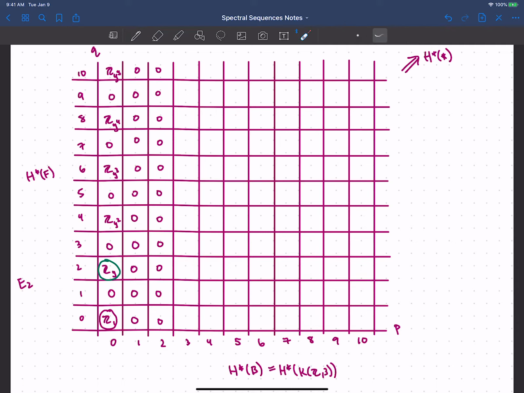Now remember that this E2 page is supposed to be the tensor product of the cohomology of the base and the cohomology of the fiber. So that's going to give me a Z here that's generated by yz. That's just because I've got the same coefficients here again.